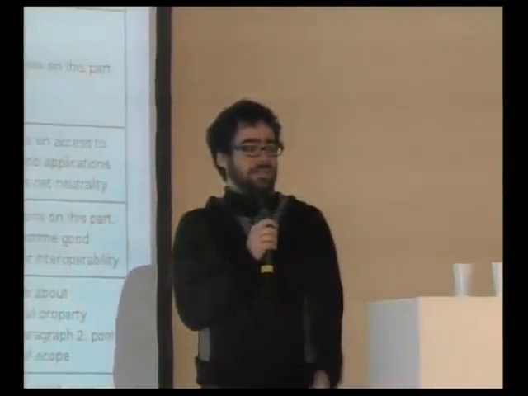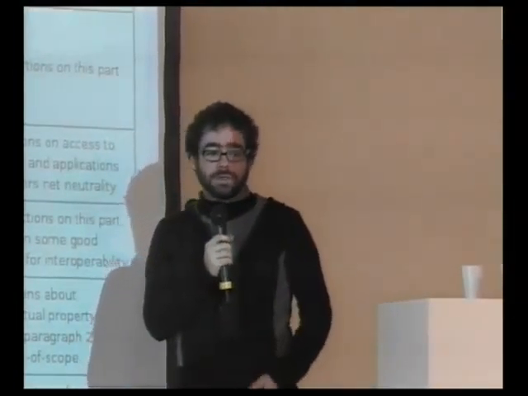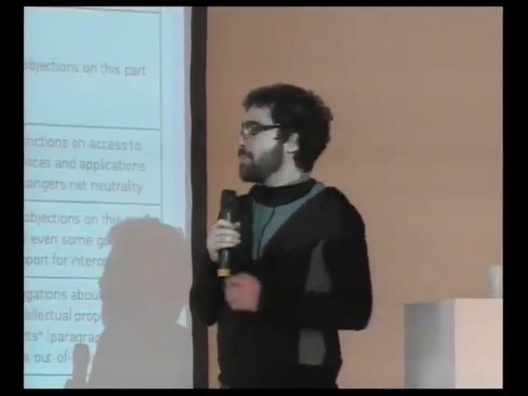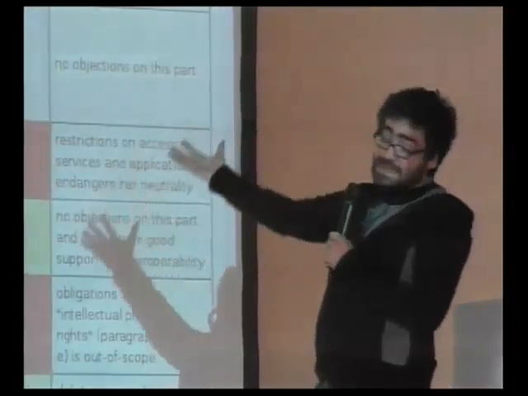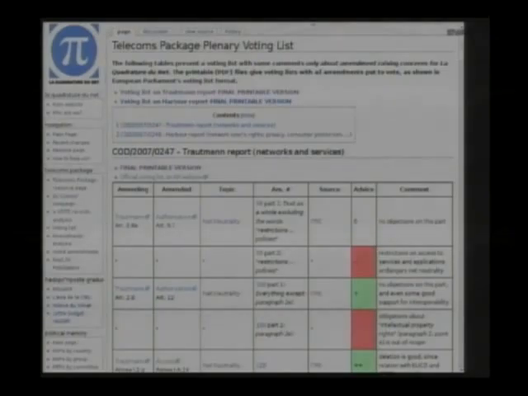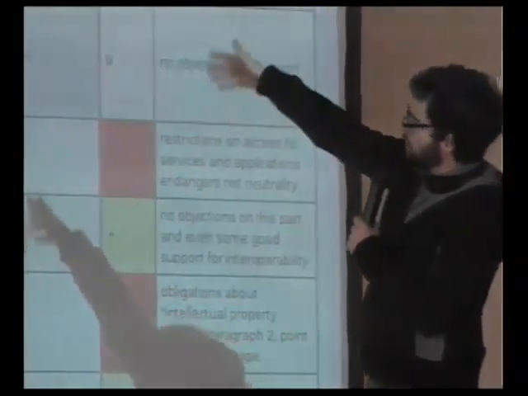And the final output of our analysis, and Gibus once again played a very important part in this, so if he's watching the stream, I thank him so much, produced this voting list that is almost exactly in the same format as the voting list the members of European Parliament have on the table while they are voting. It's exactly a multi-column thing with the number of the amendment here, with what it is amending, what it is about.